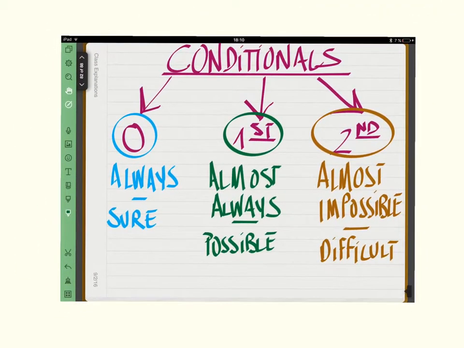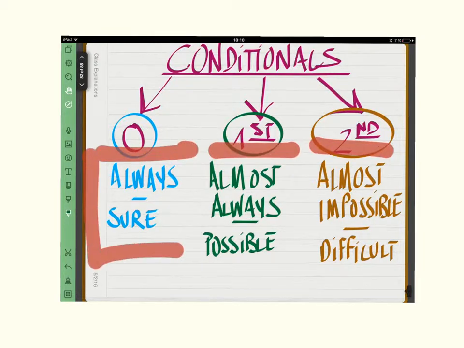So conditionals, as you know, are divided into different types. The types we are going to study today, when you get to higher levels you will see more, are zero, first, and second. Zero is something that we use when we want to express that it's going to happen for sure, so it always happens.